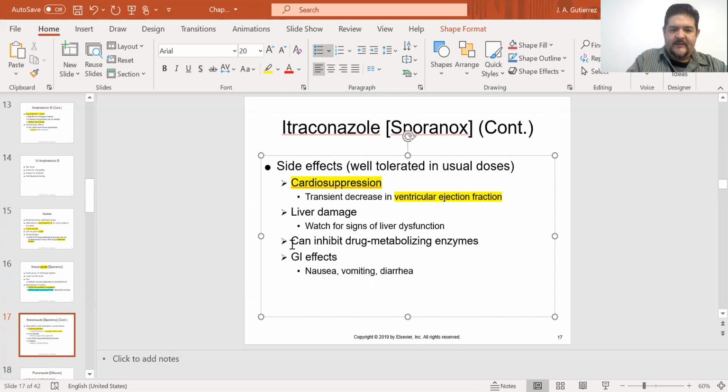The problem with damaging the liver is because now it's going to be unable to deactivate the other drugs that the patient is taking. So those are going to increase. So depending on the drug the patient is taking, then we'll see the side effect specifics for the other drugs. Because this medication is by mouth, NVD, nausea, vomit, and diarrhea.